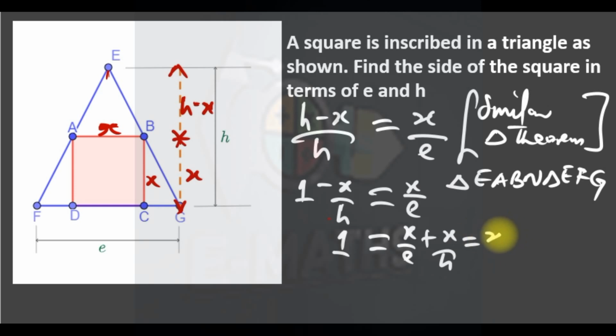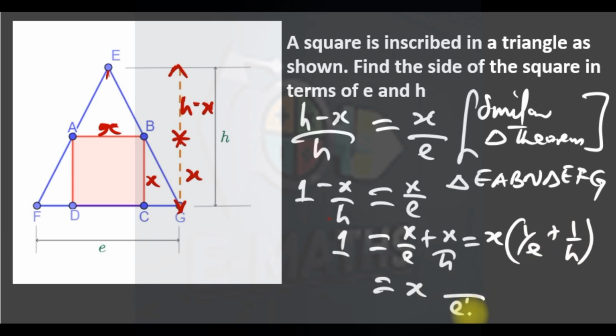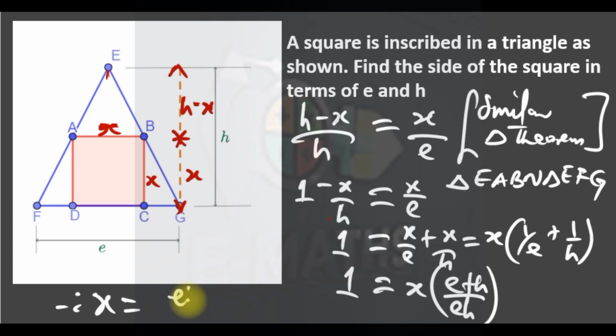If we factor x, we have 1 over e plus 1 over h, which simplifies to e plus h over eh. Making x the subject of the formula, x is now eh over e plus h.